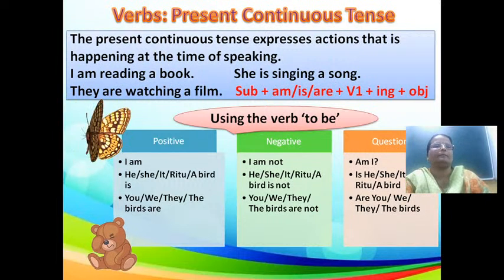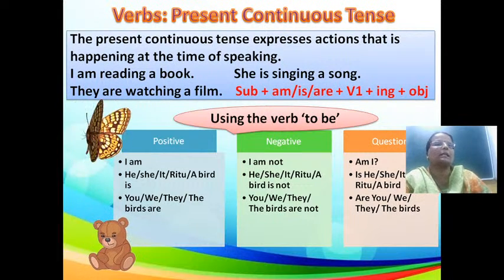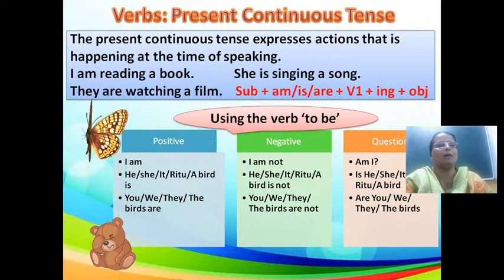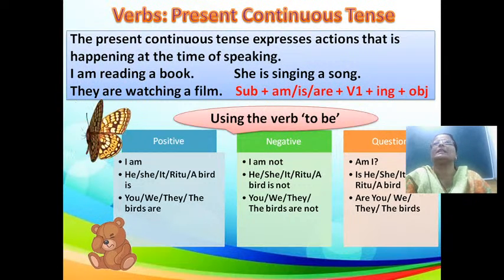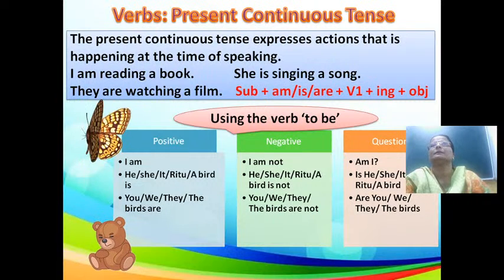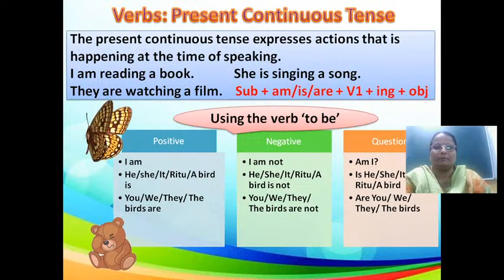Very easy. Do one thing, start the sentence with the helping verb. Am, is or are. Okay. See, am I, is he, she, it, Ritu, a bird? Are you, we, they, the birds?